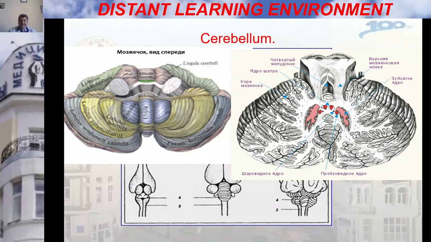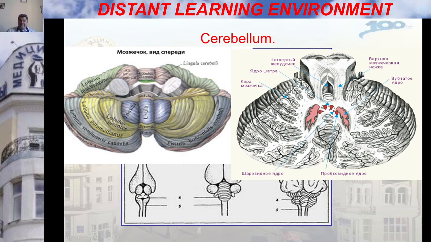The listed cerebellar nuclei differ in phylogenetic age. The nucleus fastigii is related to the oldest part of the cerebellum, the flocculonodular archicerebellum, which is connected with the vestibular apparatus, and I repeat that this is nucleus fastigii.